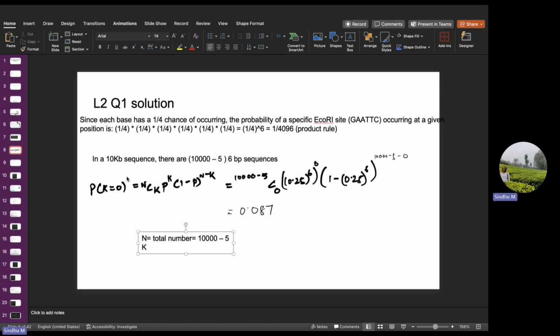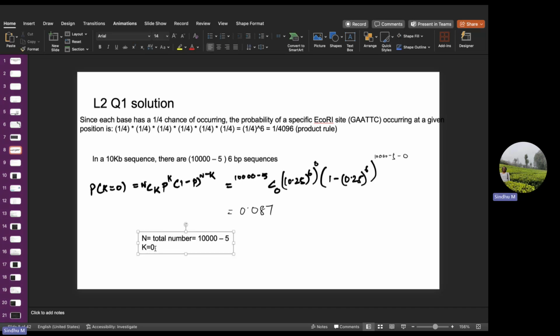And k is 0 here, which is given in the question. And p is the probability of getting this specific sequence.